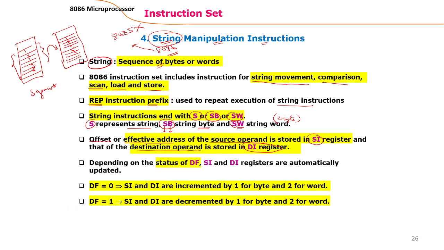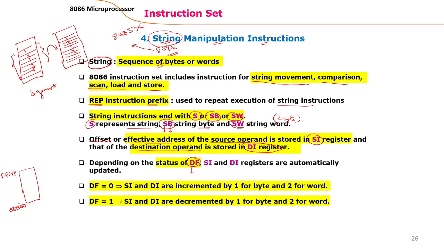Depending on the flag, the direction flag is used to operate the string operations, as we have seen in the flag status also. The direction flag is used basically for string related operations. The string operation can be performed in incremented address order. If this is the memory address, here it is 00000, and here it is FFFFF.